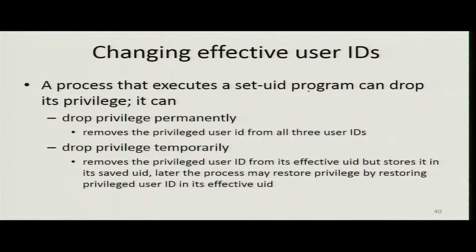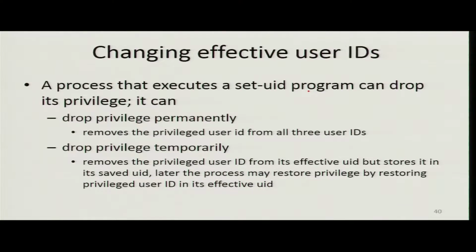So what one can do is that if a program requires a high privilege, and that is obtained by the SUID bit being set to 1 and so on, then the programmer, if he is aware of which part of the program needs this high privilege, can drop the privilege permanently after that.